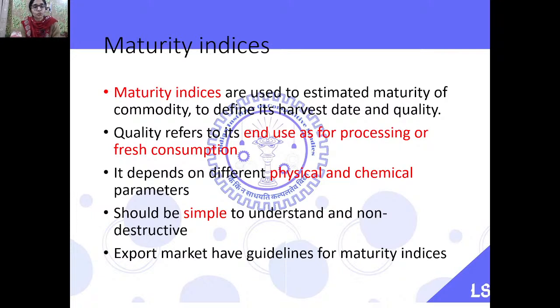Quality is a perception, it varies from person to person, but when we define it technically, it refers to the end use: how you are going to process it, or whether you are going to consume it raw. On the basis of that, your maturity indices will be defined.